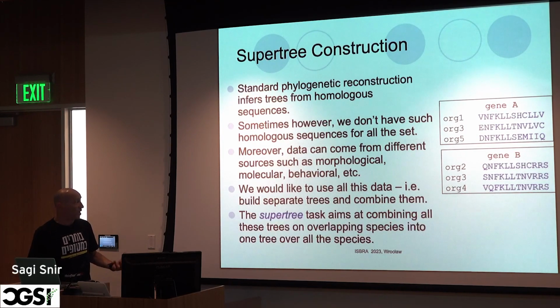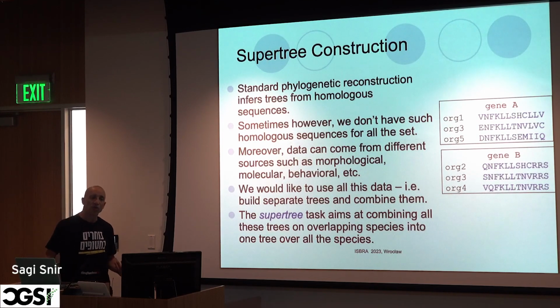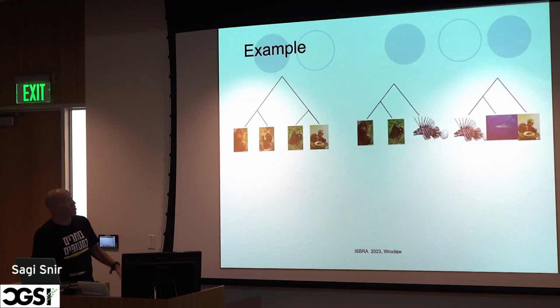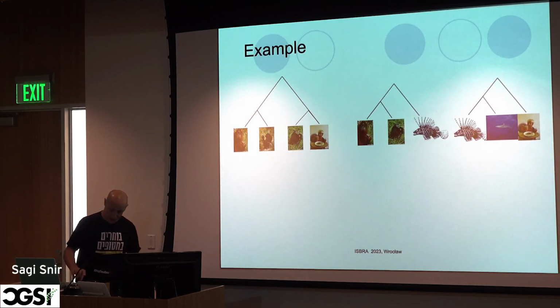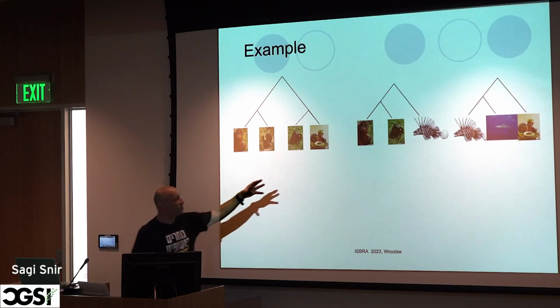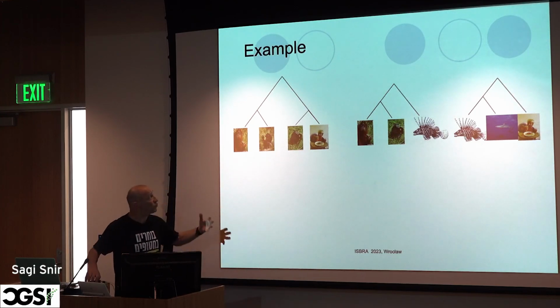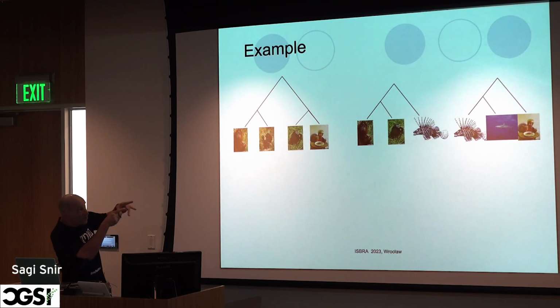It aims at combining all these trees on overlapping species into one tree over the entire set of species. We normally call it a big tree from many small trees. Let's see a more vivid example. We have these trees, this one over human, these over fish, and we want to build some tree, and we need that overlap.